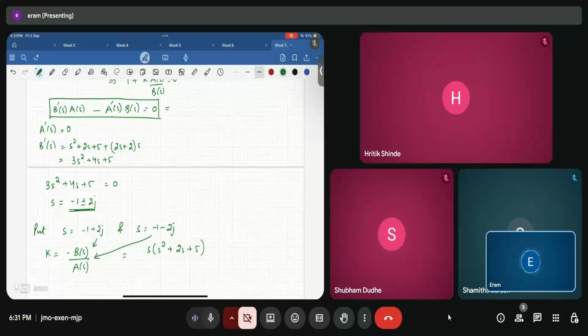It will be different, I think. Please calculate this. It will be minus 4 square minus 4 by 12.